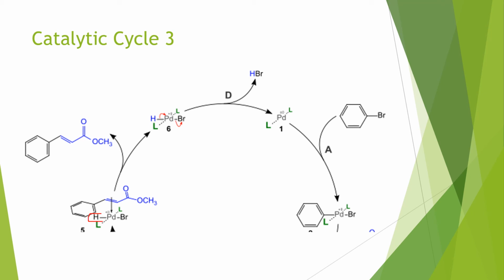This is a hydride over here, and it can be used further on. The product that you want now will leave from the palladium because of this hydrogen over here.